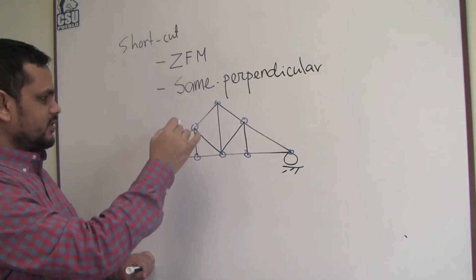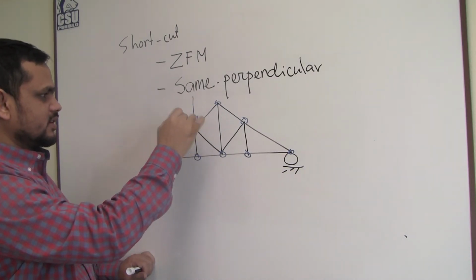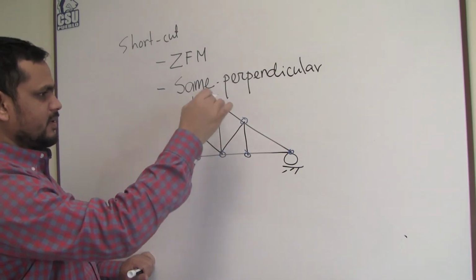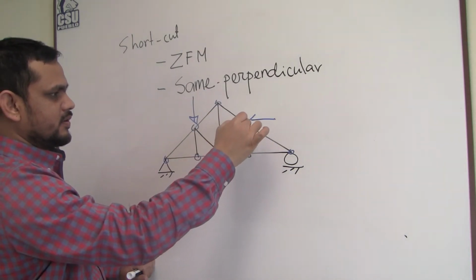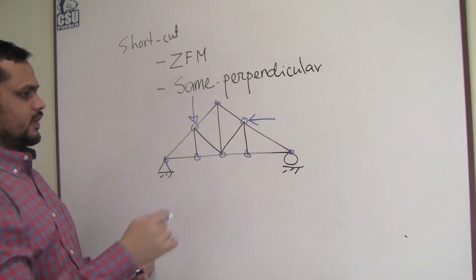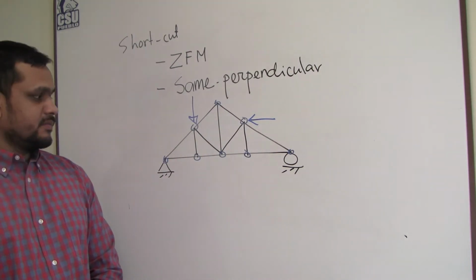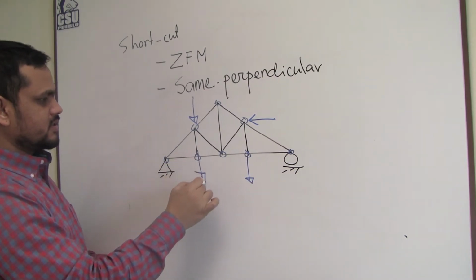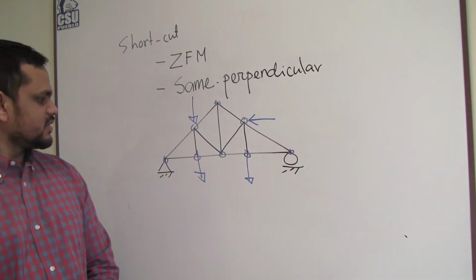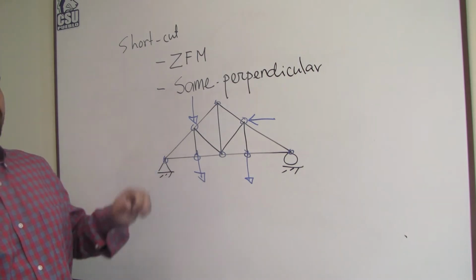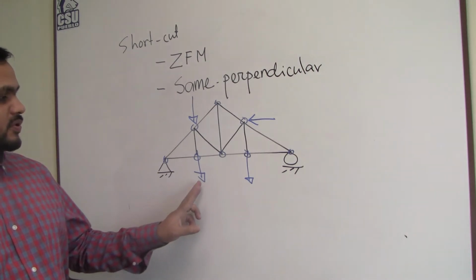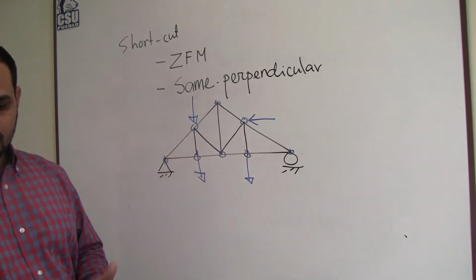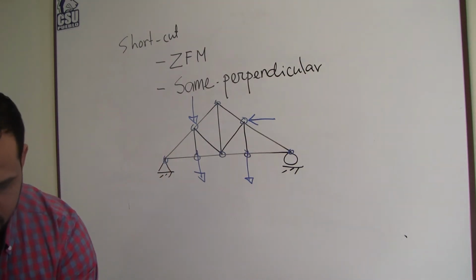Okay, apply some load. Say here, maybe some load here, some load here, many loads here. Same perpendicular means the force is acting along the same direction of the member.